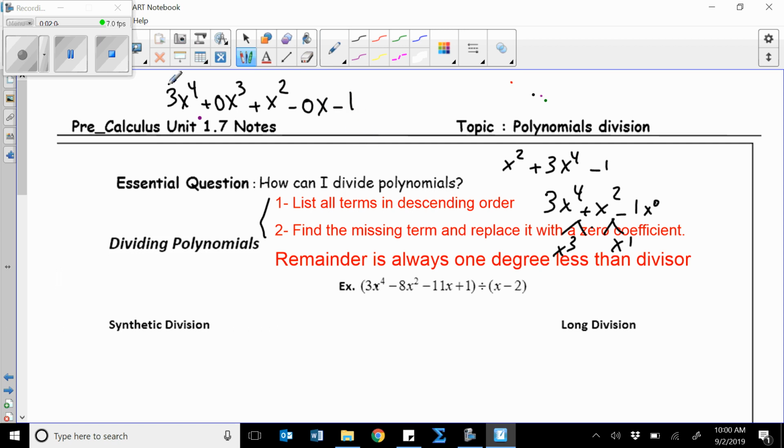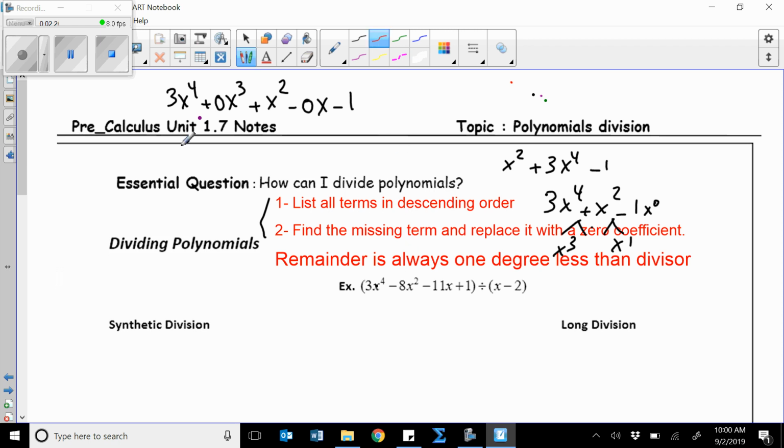So now this polynomial is ready to divide. Also keep in mind that we're going to do this to both the dividend and the divisor of the division. So both polynomials need to be in order and also need to have the missing terms filled in.